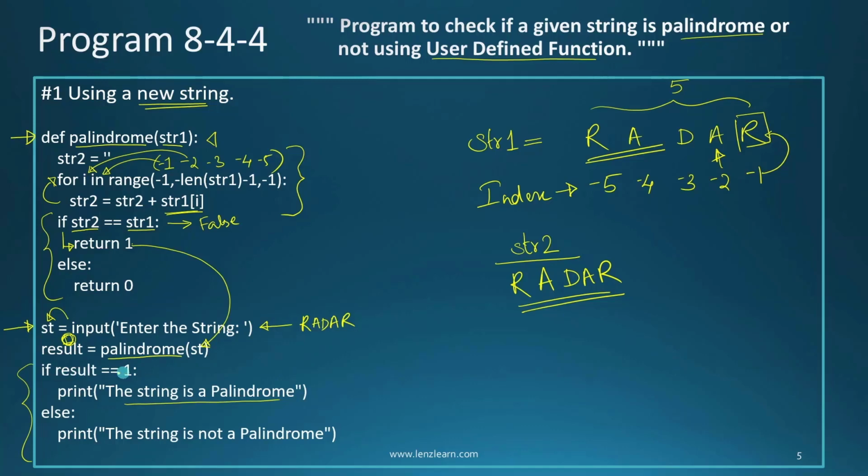Now when I check if result equals 1, this will be false, and then the control will come to else, and I will print the string is not a palindrome. So this is the condition check which identifies whether it's a palindrome or not. Based on the return value, I will just print whether it's a palindrome or not. Now let us run this program.